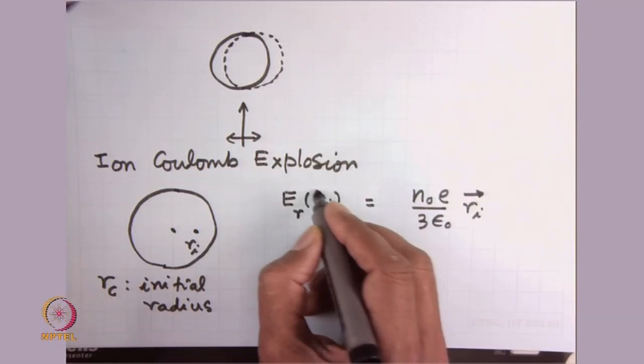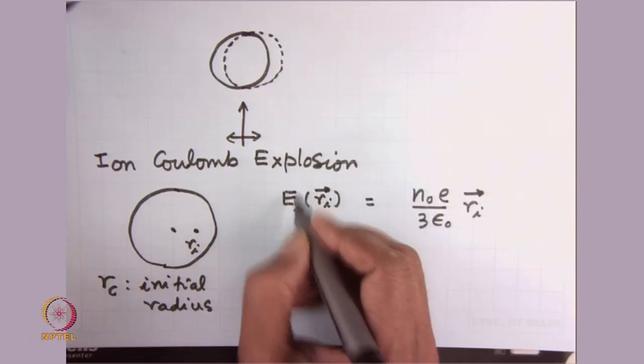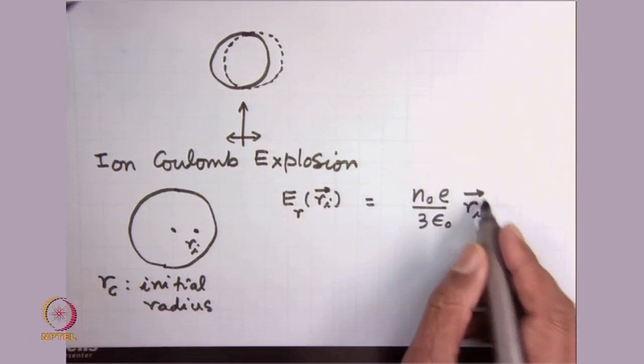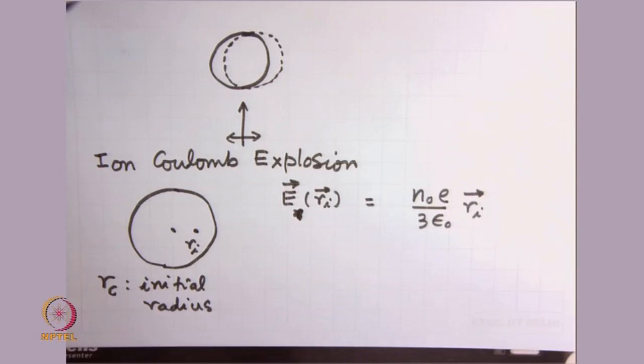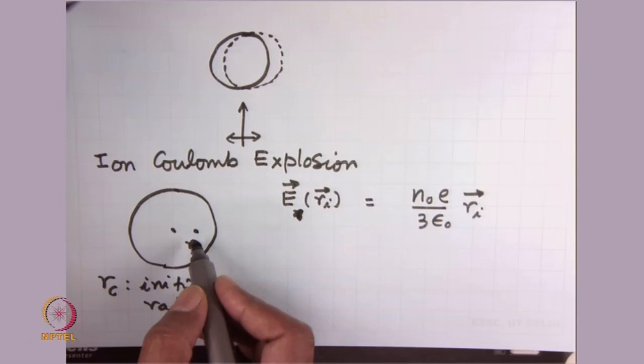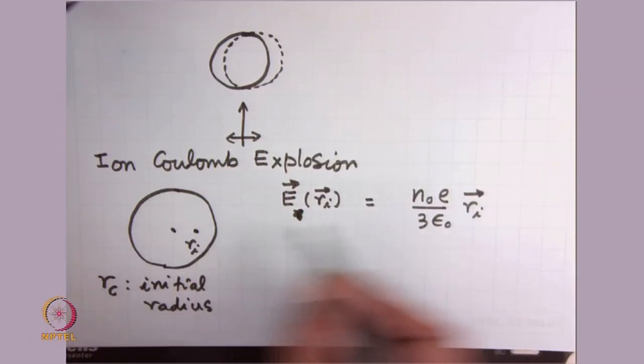This is the electric field that will be produced. This is the radial direction, so I do not really have to write a vector sign here. So, the electric field produced by the space charge of this ionosphere at position Ri is so much.